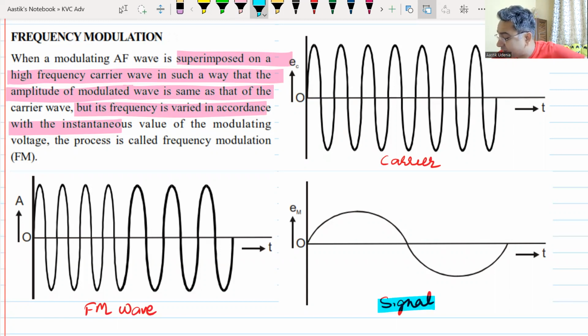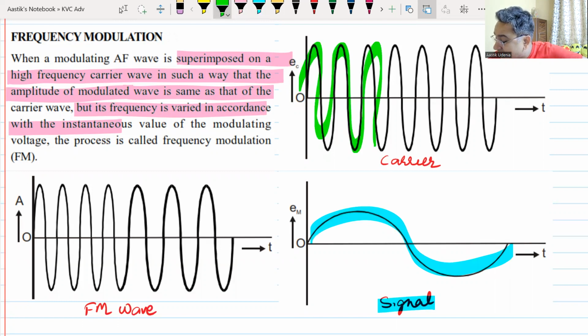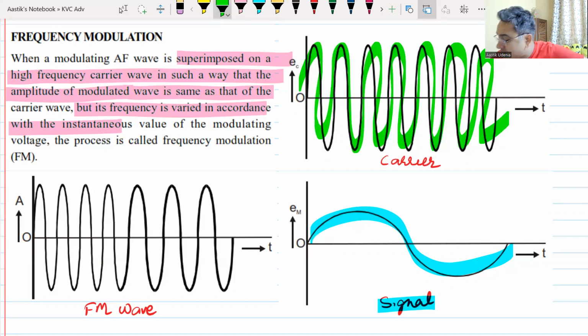This is a signal wave. This is a high frequency carrier wave. We superimpose these two, and you get an FM wave. The amplitude is not changed, but the frequency is varied. Do we understand this? In that AM wave, you had seen what you had seen.